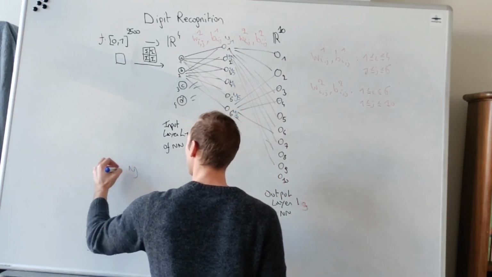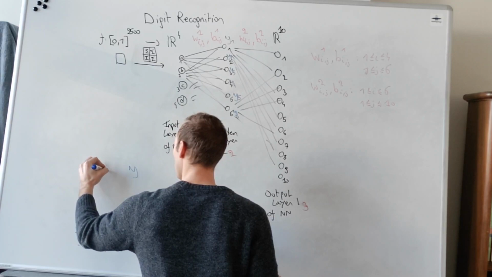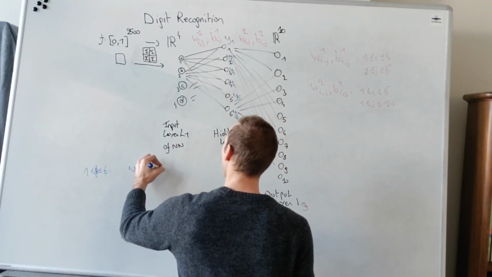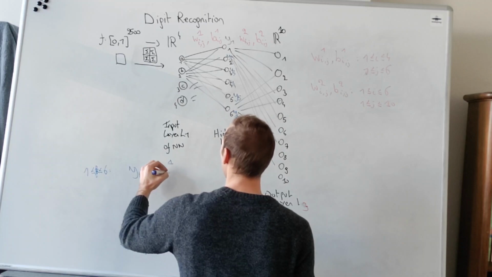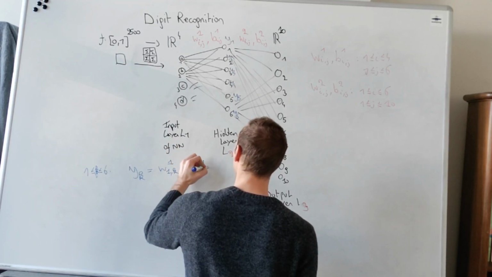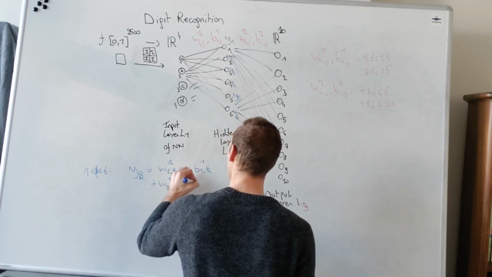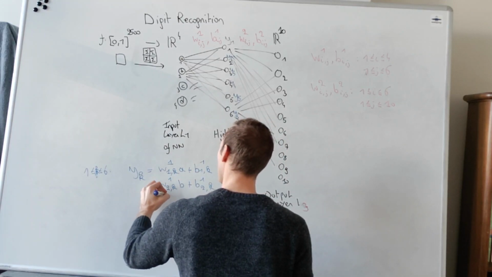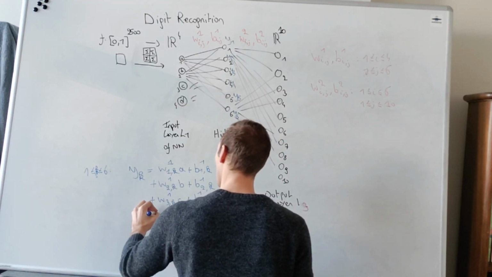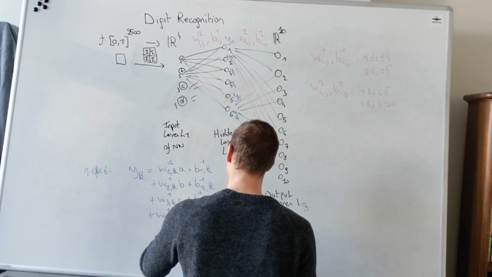This means, for example, that for k between 1 and 6, y_k is nothing more than w1_1k times a plus w1_2k times b plus w1_3k times c plus w1_4k times d plus b1_k.